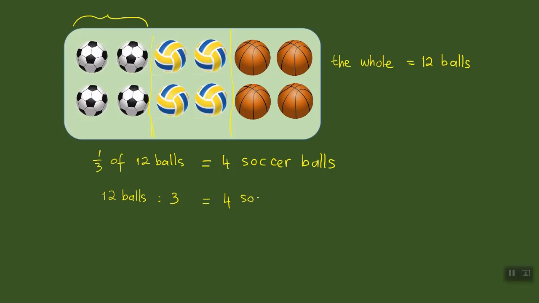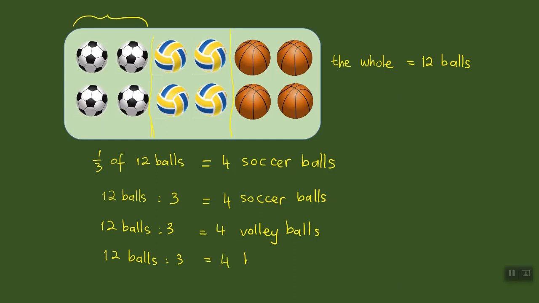4 soccer balls. But you can also say that 12 balls divided by 3 can be 4 volleyballs. 12 balls divided by 3 can be 4 basketballs.